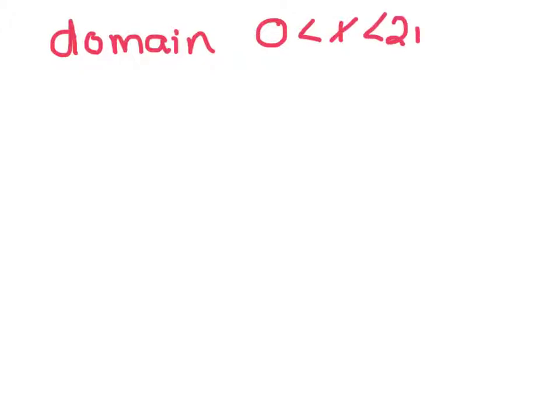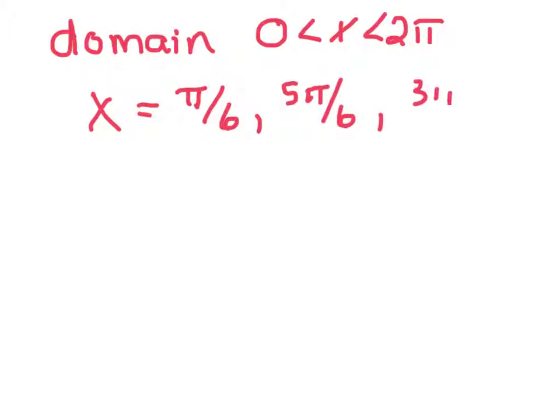If the question had limited our domain to the unit circle, like all of our answers had to be between 0 and 2 pi, then my answer that said x was equal to 30 degrees, pi over 6, or 150, 5 pi over 6, or 3 pi over 2, that would be our solution.